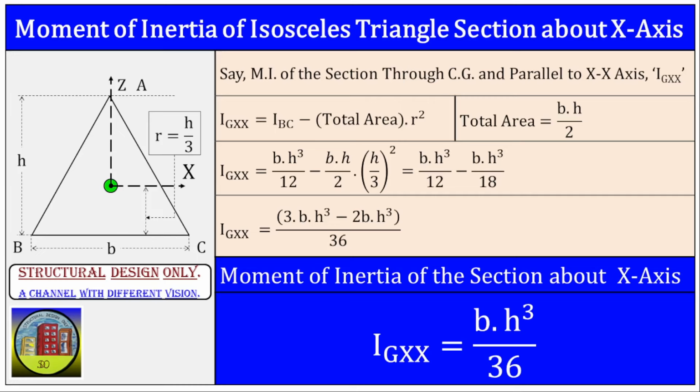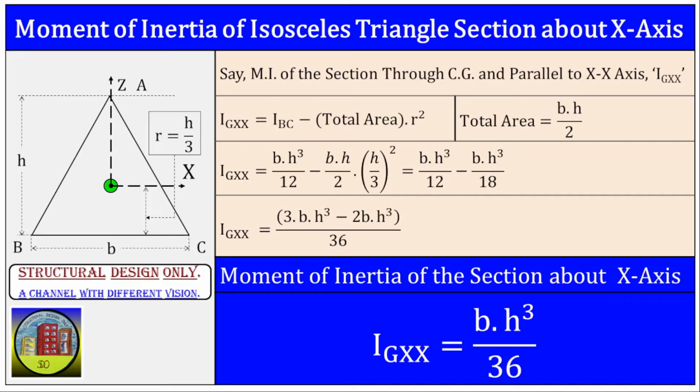From the parallel axis theorem, we know that IBC equals IGXX plus total area into r square, or we can write IGXX equals IBC minus total area into r square. Where IGXX is the moment of inertia of this triangle about the XX axis through the CG, and r is the perpendicular distance between the base and this axis passing through the CG, and the value of r equals h by 3, where h is the height of the triangle.